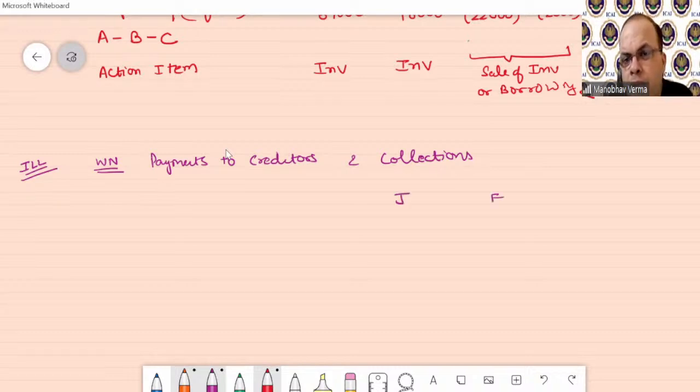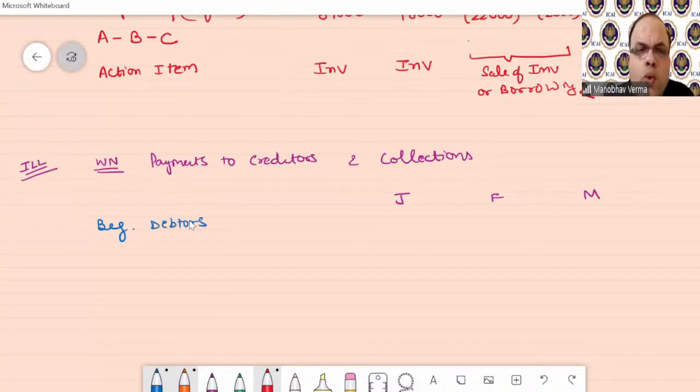Jan, Feb, and March. Guys, I hope we understand the basic P account here. So we're talking about in terms of the collections first. In this case, we have a beginning debtors. So what is the beginning debtors given to us, guys? I think we had a 2570.